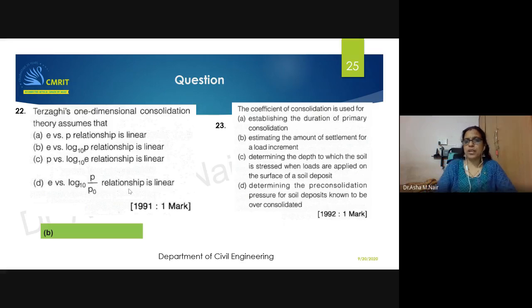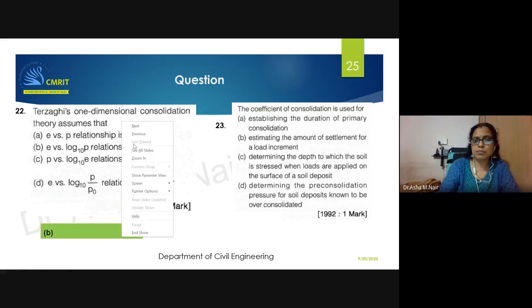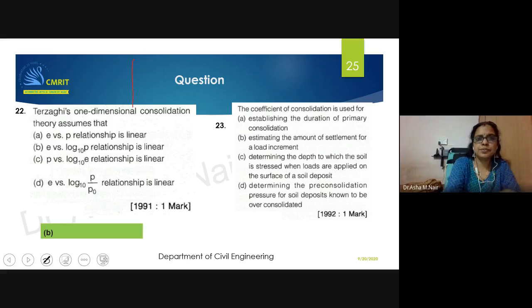You generally know that whenever we take the settlement versus time relationship, with time here and settlement here, it will generally give a graph like this. The first part we call immediate settlement.